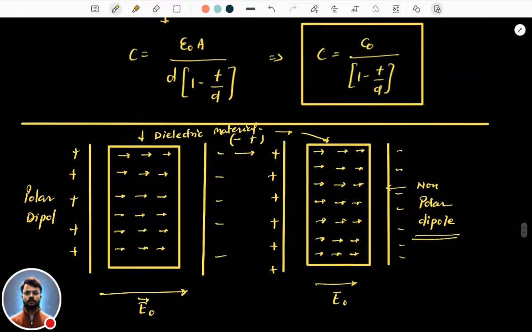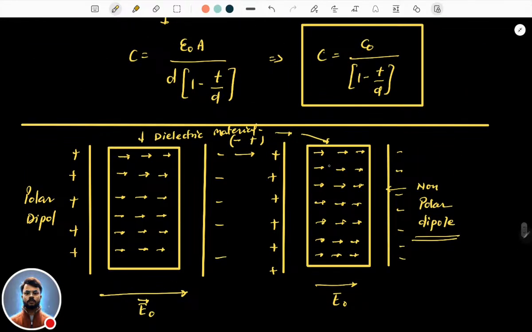So what happens? These slabs create a net electric field inside. Actually, if we're talking about the real thing, the net positive and negative centers of these materials are created as the positive side attracts the negative points and the negative side attracts the positive charges.